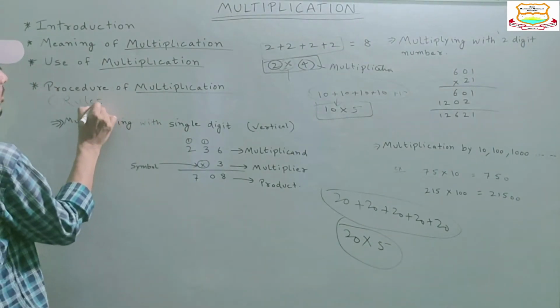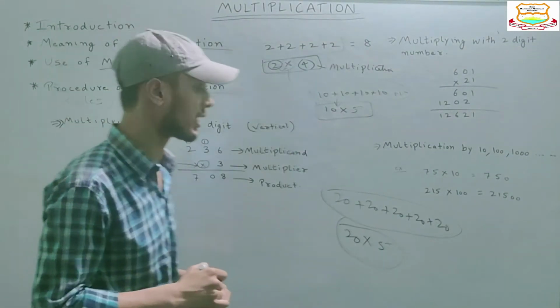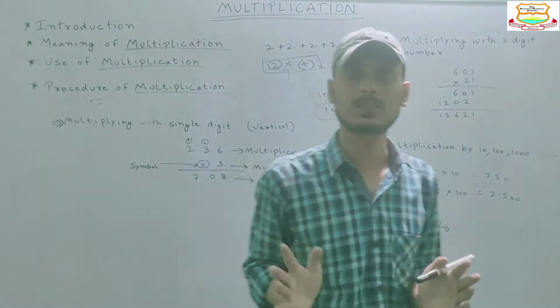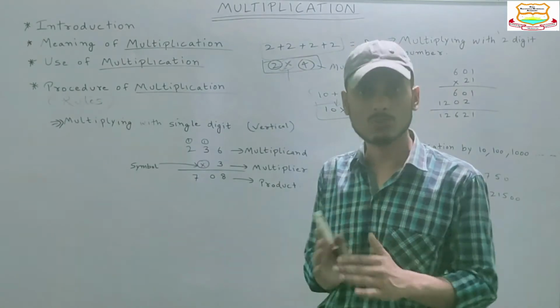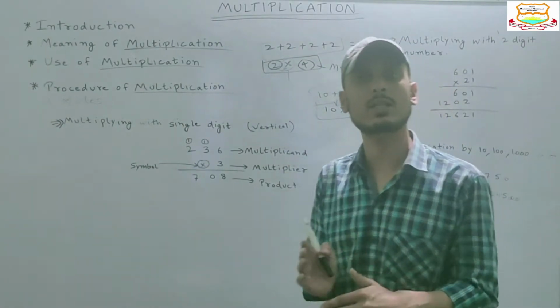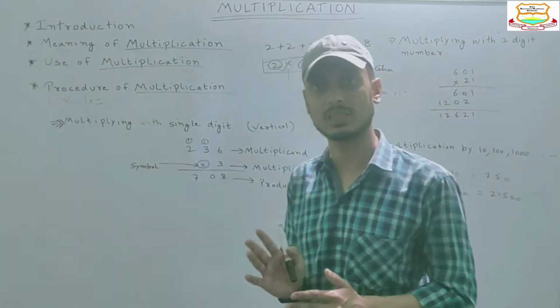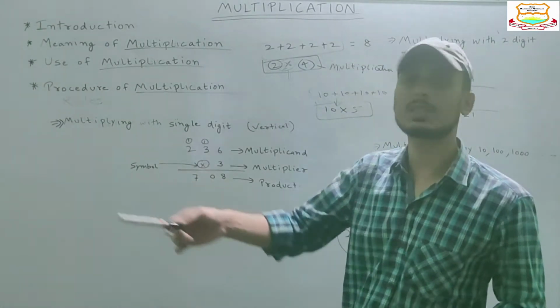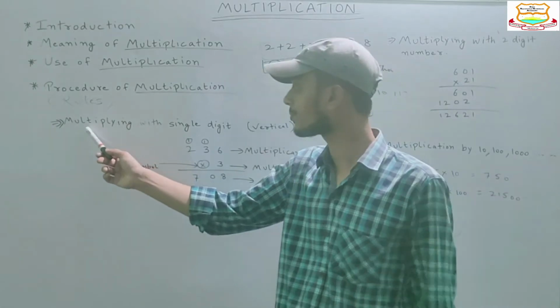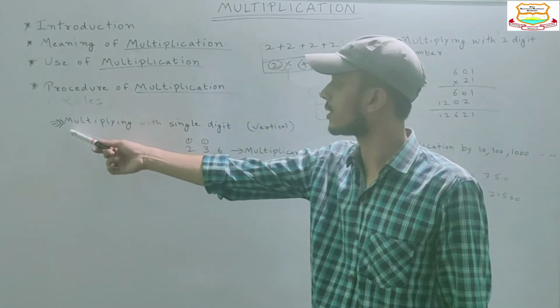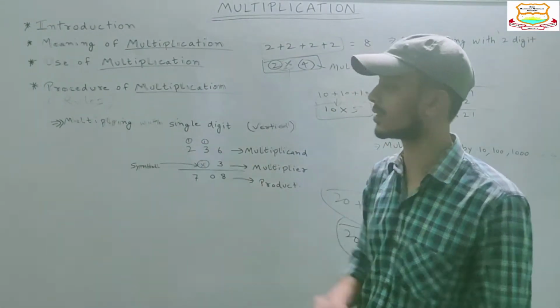So now let us see what are the procedures, or you can say rules, of multiplication. In mathematics, every operation has some rule. Without rule, we cannot operate any operation in mathematics. So let us see what is the first rule. The first rule is multiplying with a single digit.